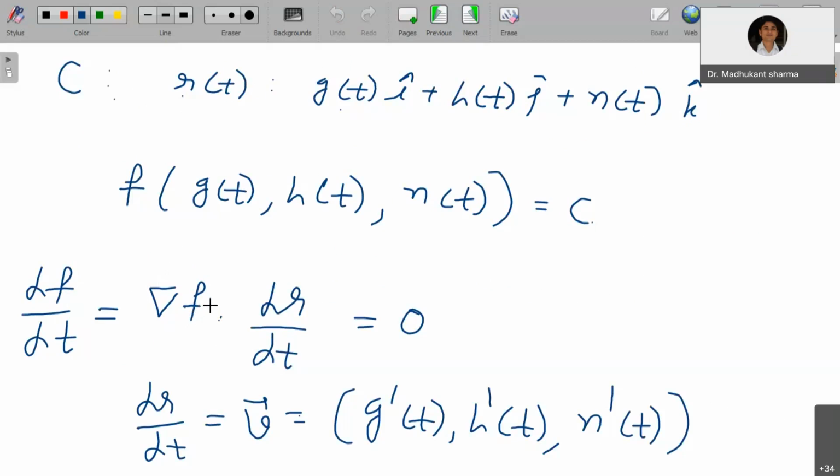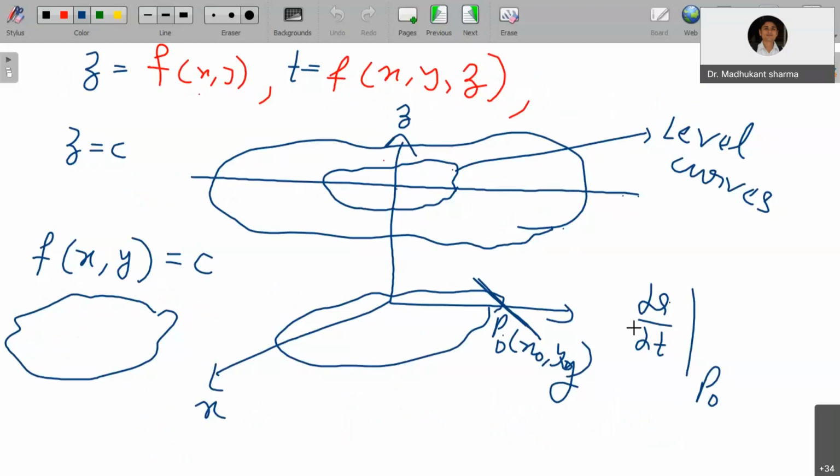This is why most of the time you will see in the definition that gradient f is the normal to the surface and so on. It is attached with this name normal as well. So grad f is orthogonal to the velocity vector, and that tells you that grad f is normal to this.